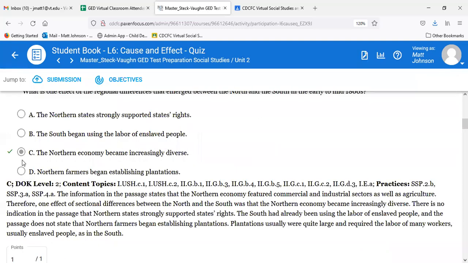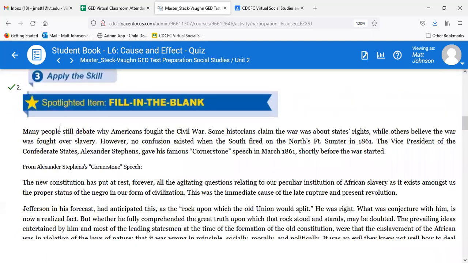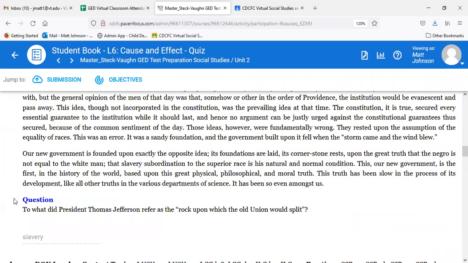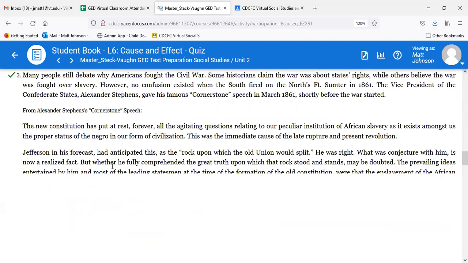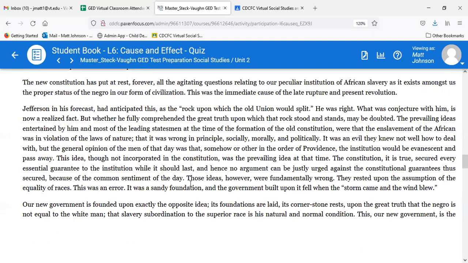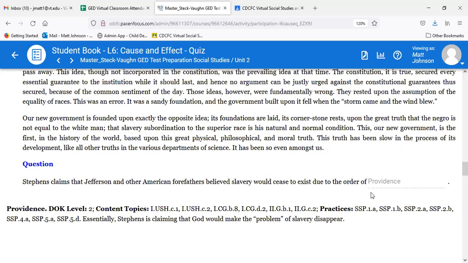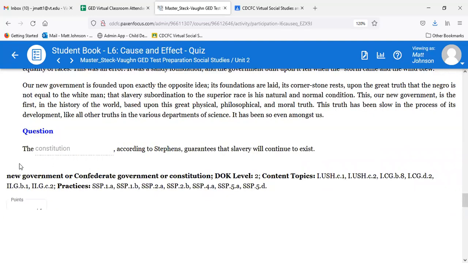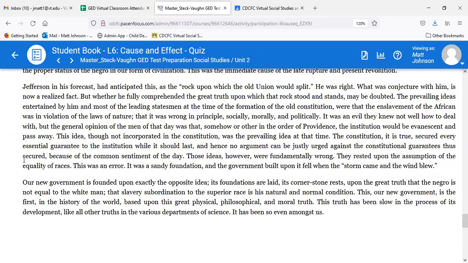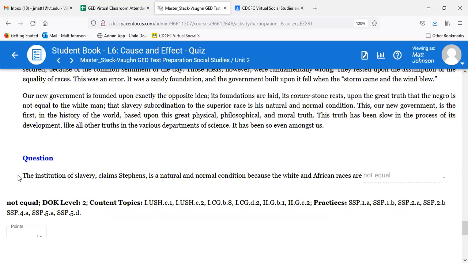Northern economy became increasingly diverse. 2, slavery. 3 is Providence. 4 was Constitution. And 5, not equal, two words there.